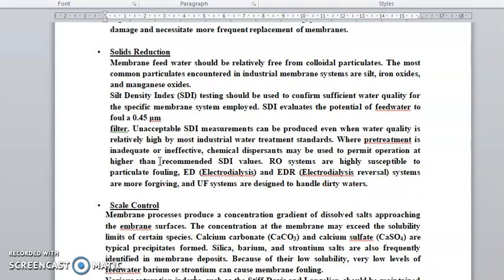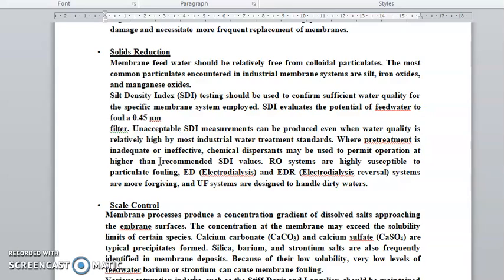Solids reduction. Membrane feed water should be relatively free from colloidal particles. The most common particulates encountered in industrial membrane systems are silt, iron oxides and magnesium oxide. Silt density index testing should be used to confirm sufficient water quality for the specific membrane system employed.